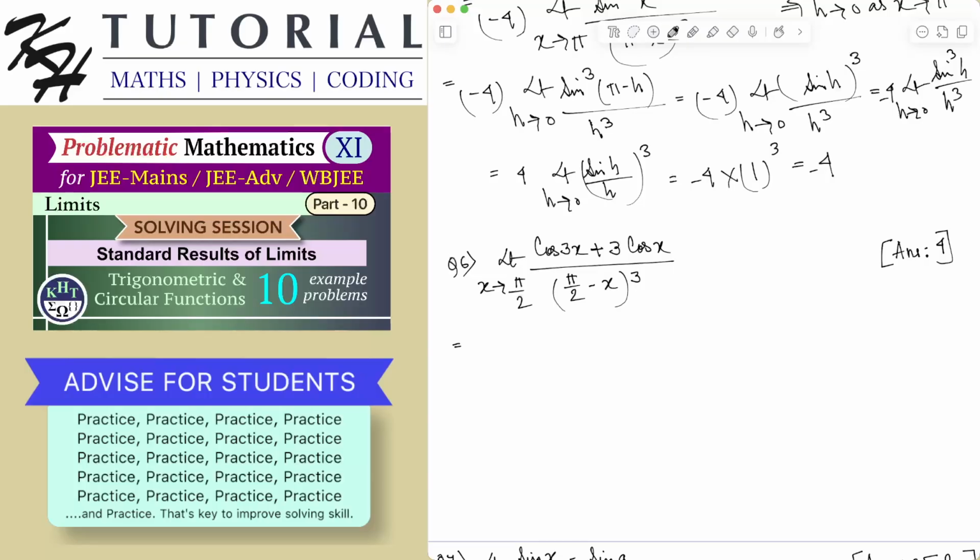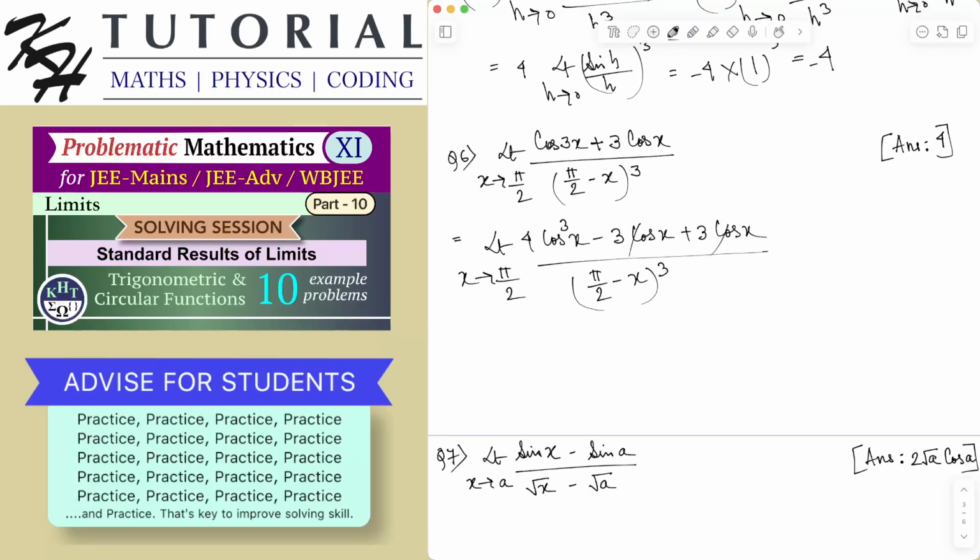So this is equal to limit x tending to pi by 2, cos 3x is 4 cos cube x minus 3 cos x, divided by (pi by 2 minus x) whole cube, so 3 cos x cancels out from the numerator.